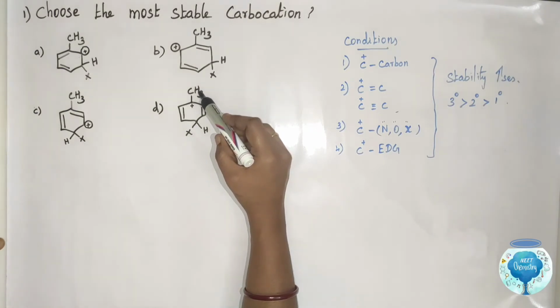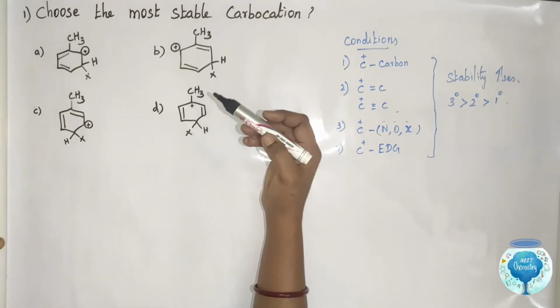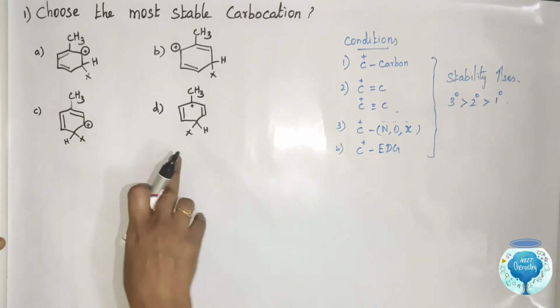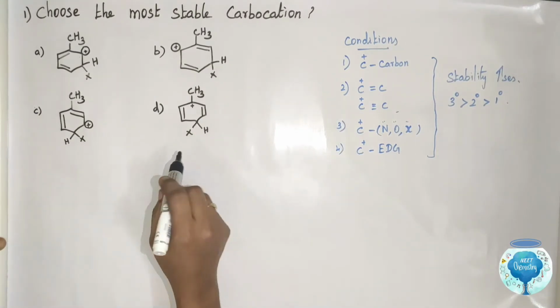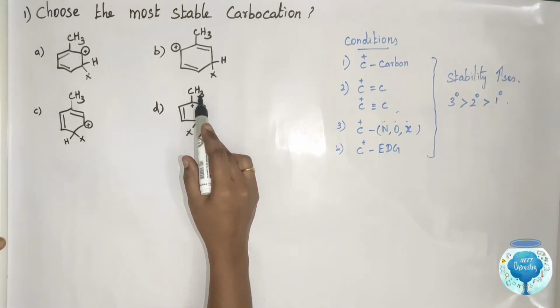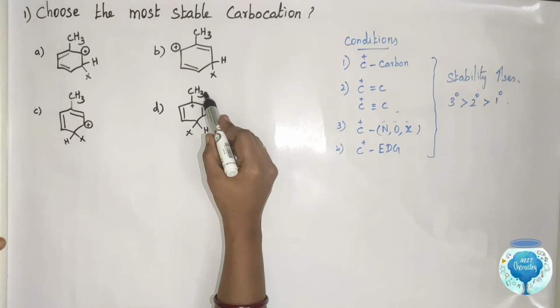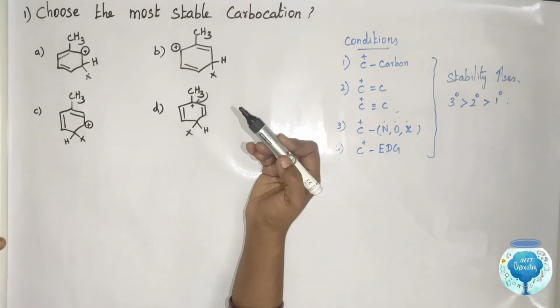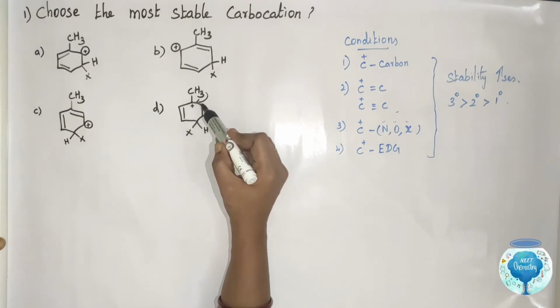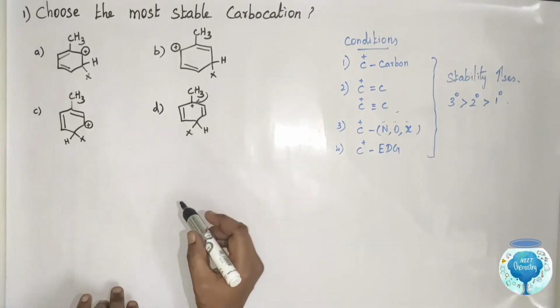So the methyl group is an electron donating group. So the fourth condition applies here. Option D, the carbocation is attached with the electron donating group. So the electron donating group donates electrons towards this carbocation, the charge on the carbocation decreases, and stability increases.